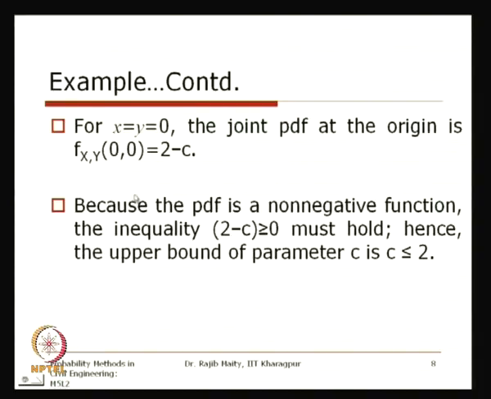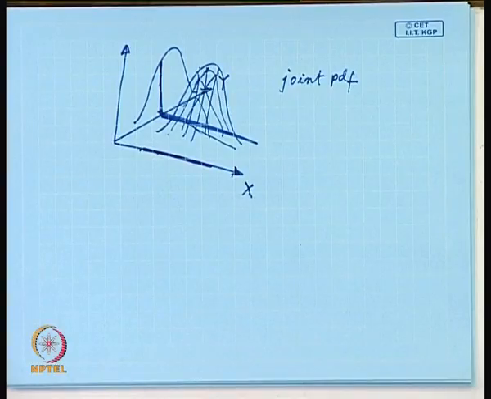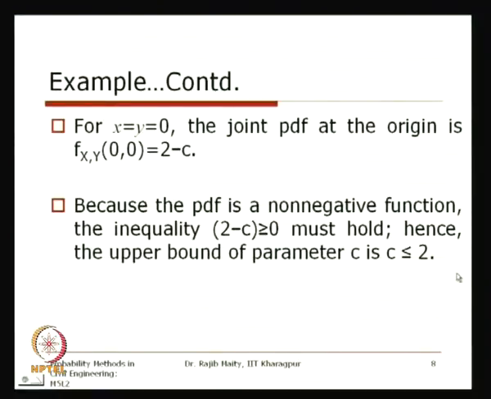Because this PDF is a non-negative function, we know the inequality 2 minus c greater than or equal to 0 must hold. Hence the upper bound of this parameter c is less than or equal to 2. So with this, we got the possible values that c can take.